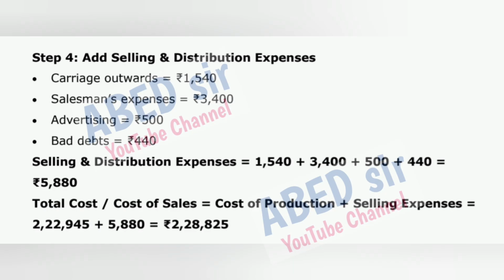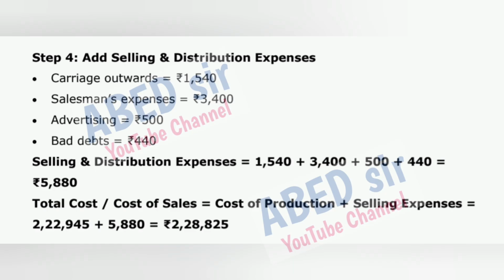Salesman's expenses is equal to 3,400 rupees. Advertising is equal to 500 rupees. Bad debts is equal to 440 rupees. Selling and distribution expenses is equal to 1,540 plus 3,400 plus 500 plus 440, is equal to 5,880 rupees.